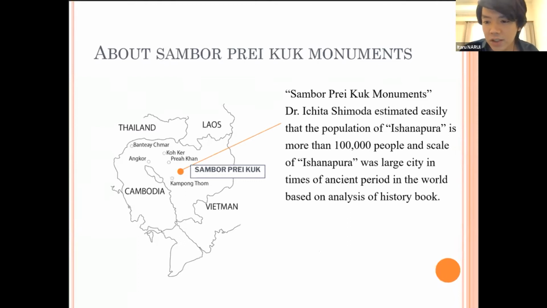And Dr. Ichita Shimoda estimated that the population of Ishanapura was more than 100,000 people, and the scale of Ishanapura was a large city in the ancient world, based on analysis of history books. The scale of the city is so large compared to other city monuments of the same period.